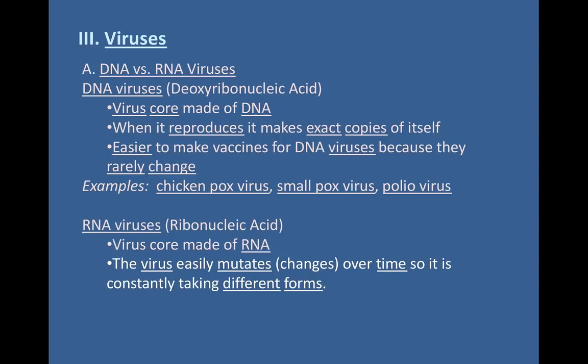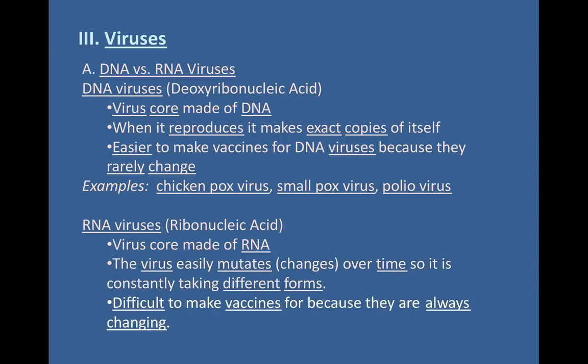So it's constantly taking new and different forms. Remember that a mutation is a mistake or change in the DNA copying, right? So when we have a mutation, it means that there's a change in the code when it reproduces. And this makes vaccines for these really tricky, really difficult, because they're constantly changing.